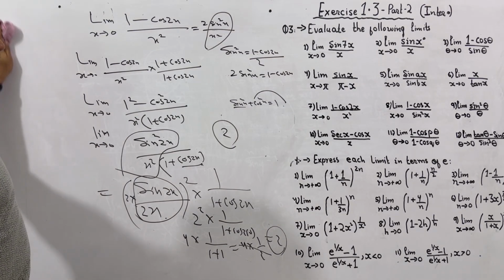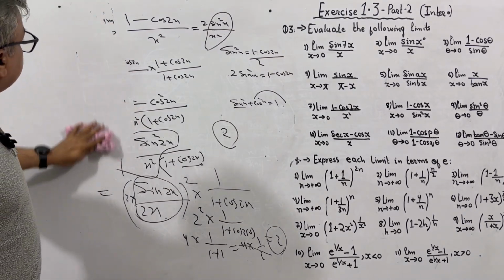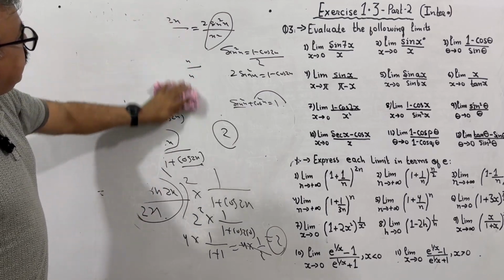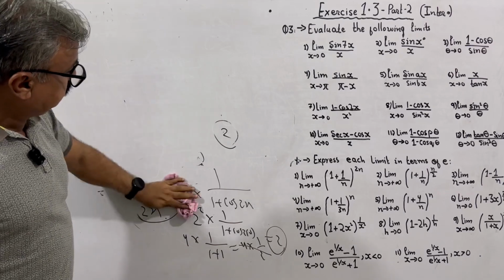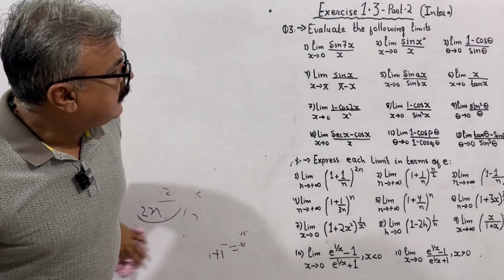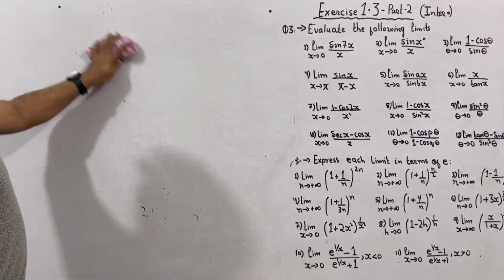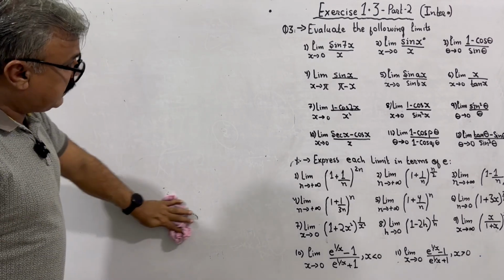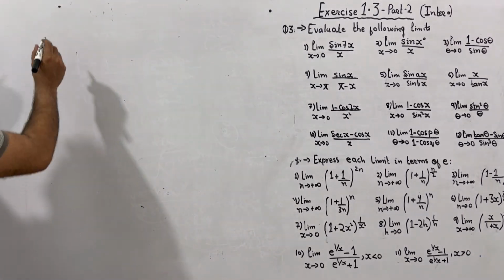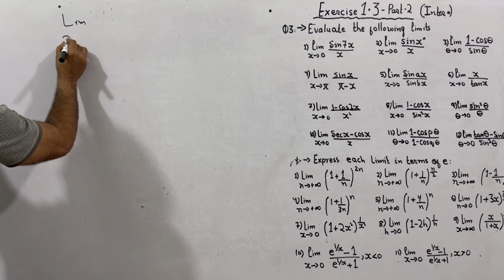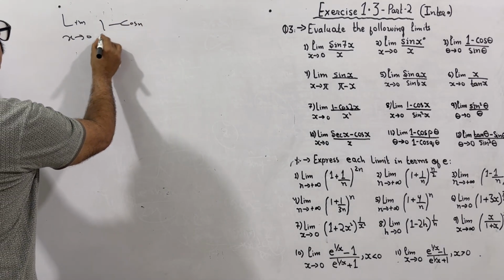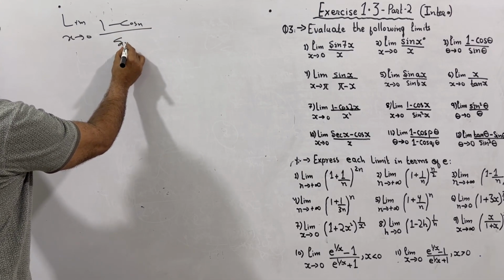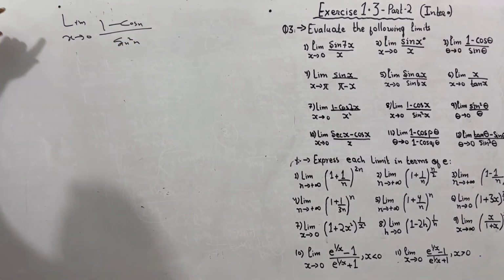Moving towards question number 8. I have 1 minus cos x. Whether you rationalize or directly put the formula, it works wonders for you. Limit x tends to 0 of 1 minus cos x overall sin square x.